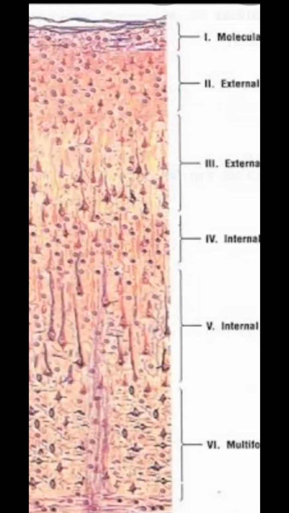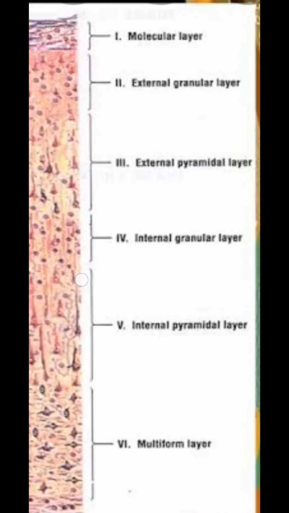In sections stained for nerve fibers, the transversely cut cell processes give a punctate or molecular appearance to this layer, so that's why it is called the molecular layer. It is essentially a synaptic zone of the cerebral cortex. Neuroglial cells and some horizontal cells are present in this layer, as I have shown you before. Now the second layer is the external granular layer.